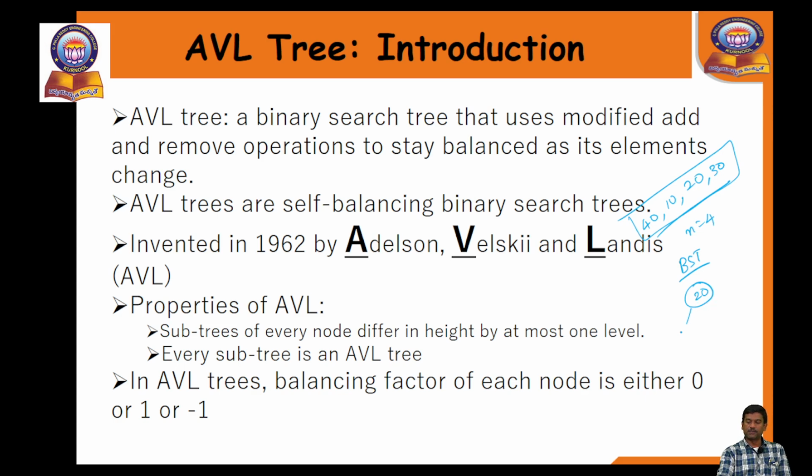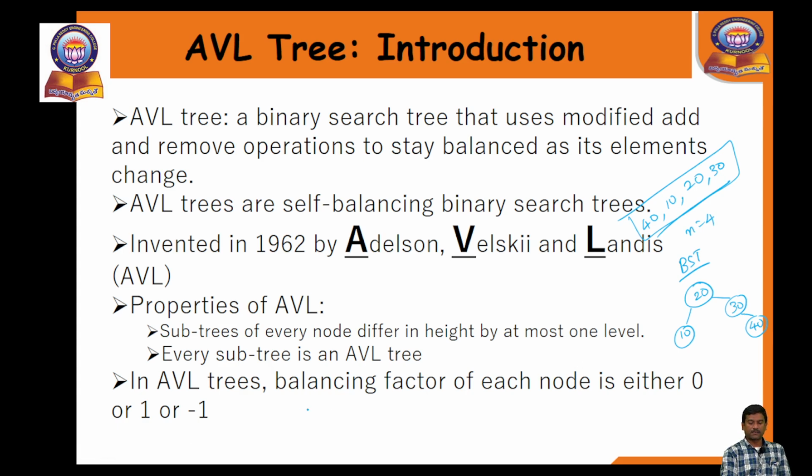That is, 10 should be placed as the left node, and similarly 30, and we have the node 40. Take any subtree. If you consider 30, it is greater than the root because it is a right child. Similarly, if you consider 40, it is greater than 30 because it is the right child.